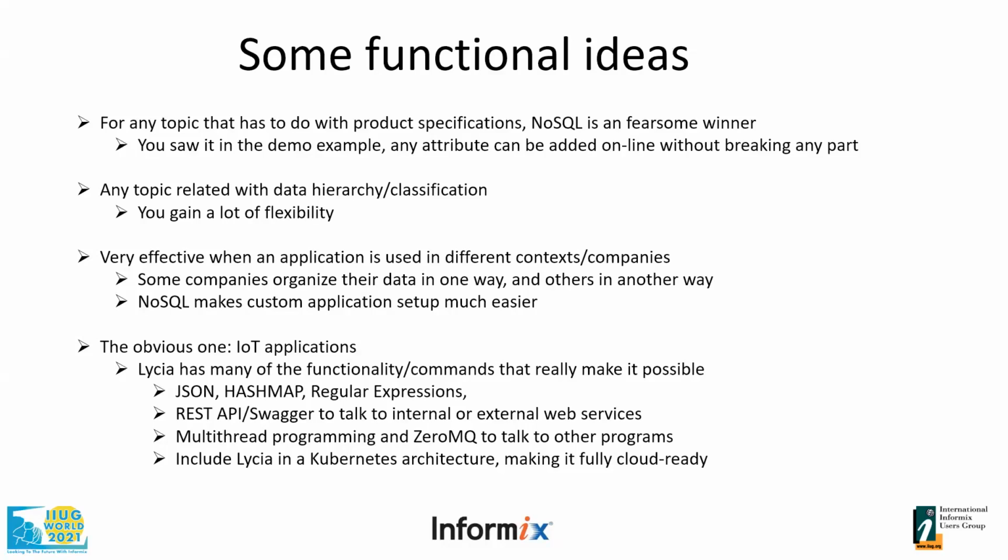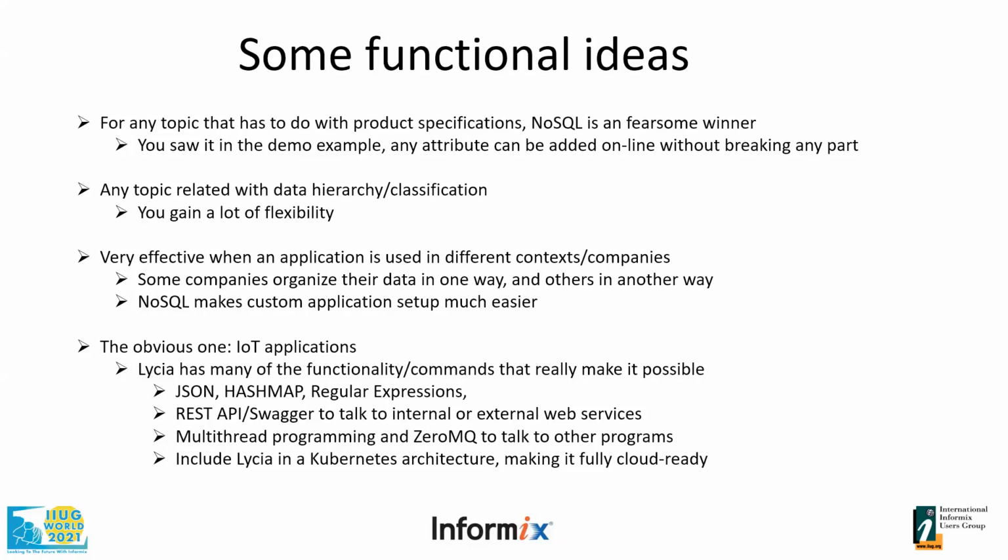Also, you can use it with Swagger to make things even easier to talk to internal or external web services. Meaning with 4GL, you can create beautiful web services that will push data or even take data, but also you can take data from external web services. I mean, you just have to connect them, and using JSON hash map, you have all the tools to do that in a perfect way.